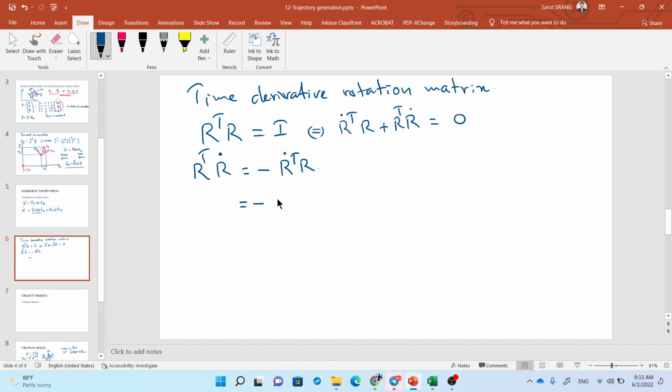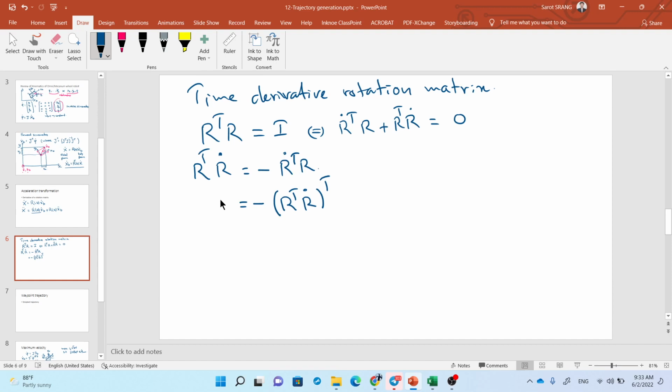Minus R transpose R dot and R transpose. Is that okay? When we drop the transpose from each one, we need to change the order. So from this to this, we just drop the transpose, right? So what does this tell you now?